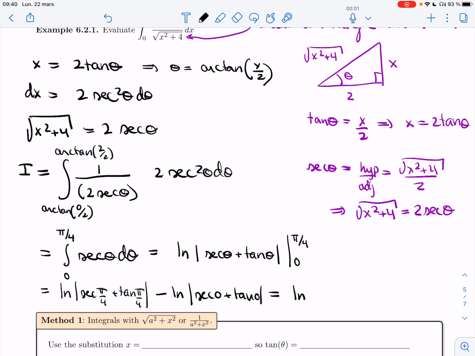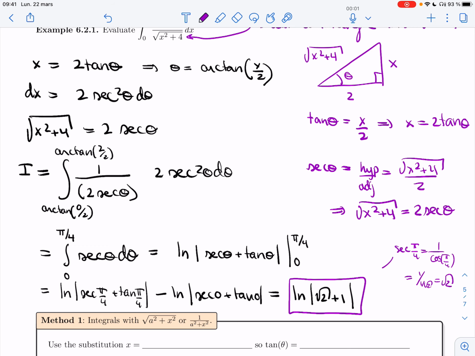So that's ln of, secant of pi on 4 would be root 2, plus 1. And then secant of 0 is 1, log of 1 is 0. That's it. Secant of pi on 4 is 1 over cosine of pi on 4, which is 1 over root 2, so it's just root 2.